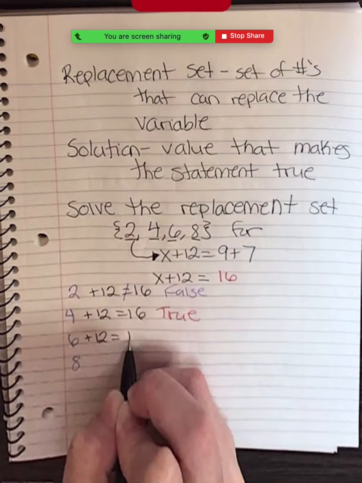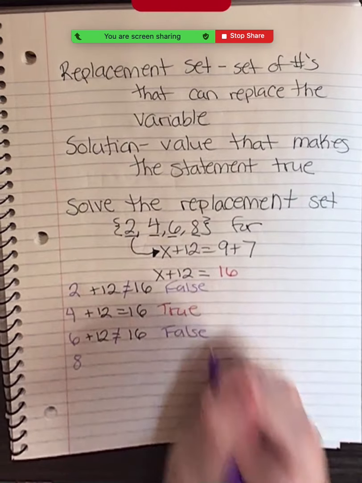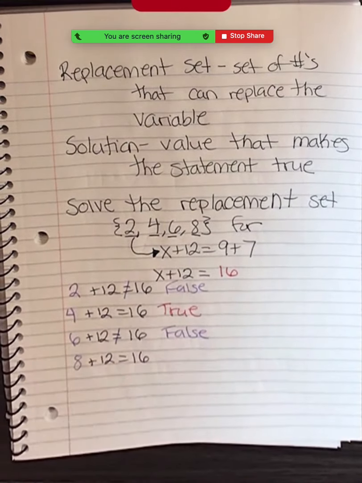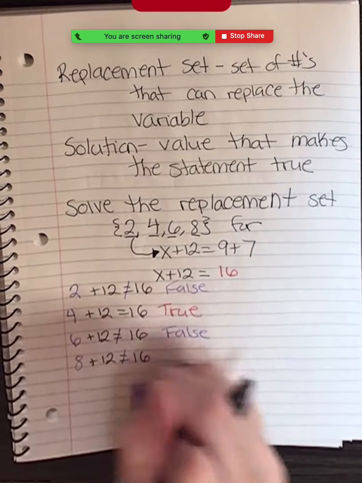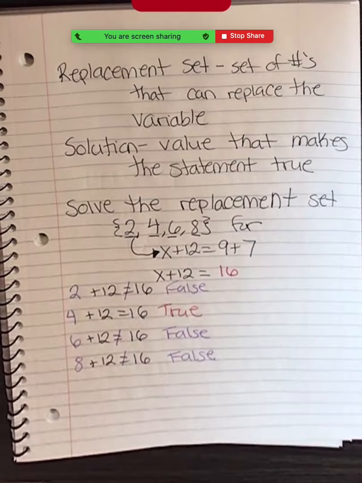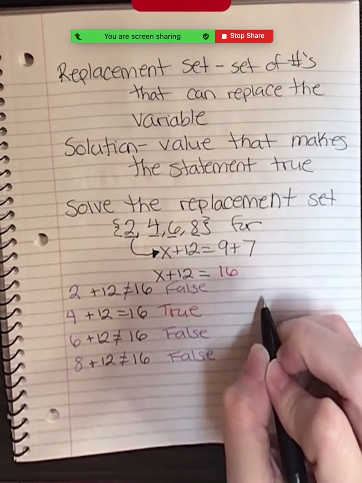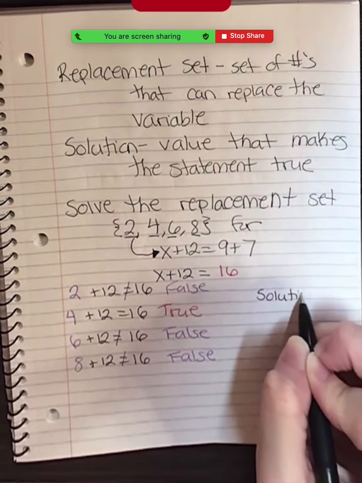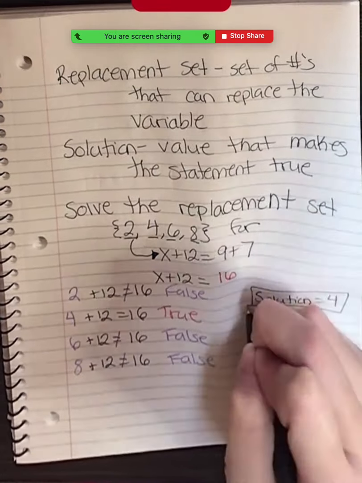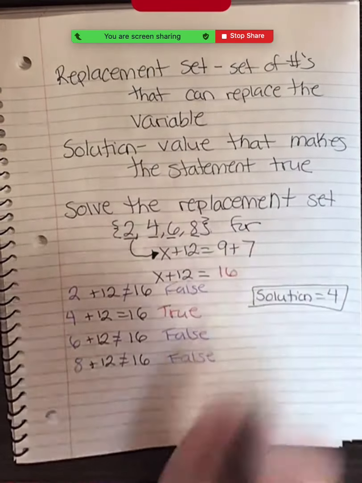That's false. 8 plus 12 again does not equal 16, so that is also false. Given this replacement set, our solution equals 4. That's the number out of this set that makes our equation true.